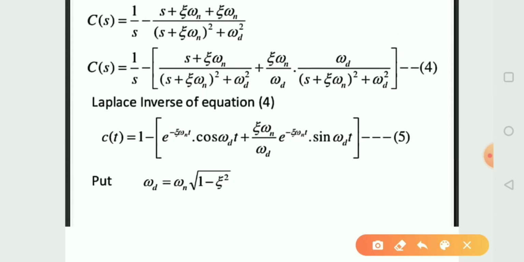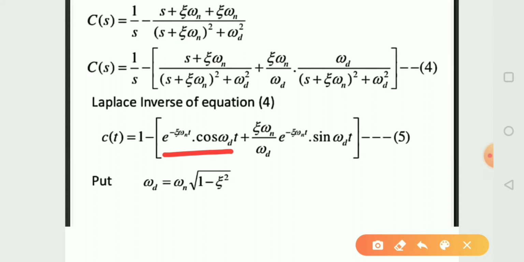So if we put this value in this equation, we get e to the power −ζωn t, because here a is ζωn, into cos ωd t.